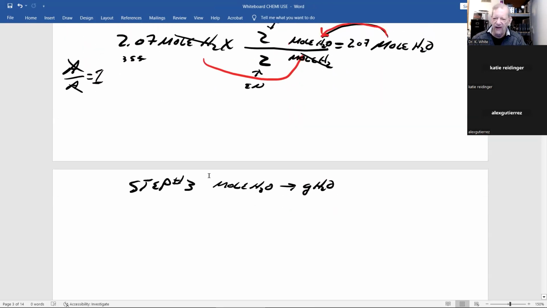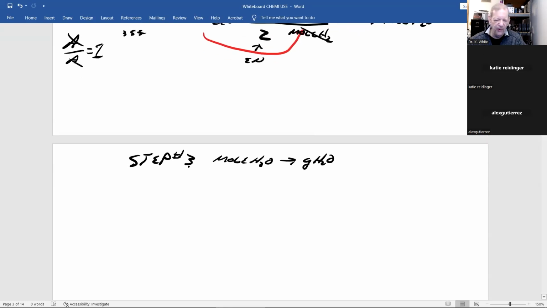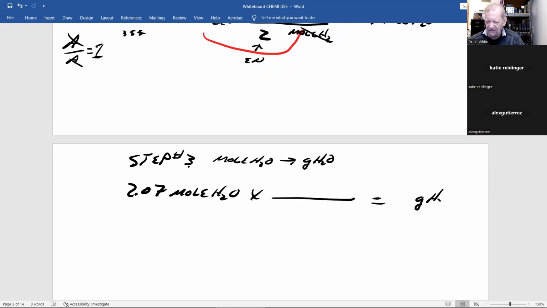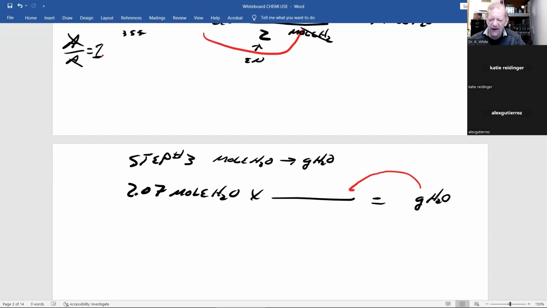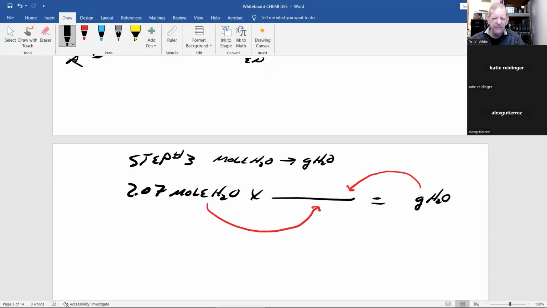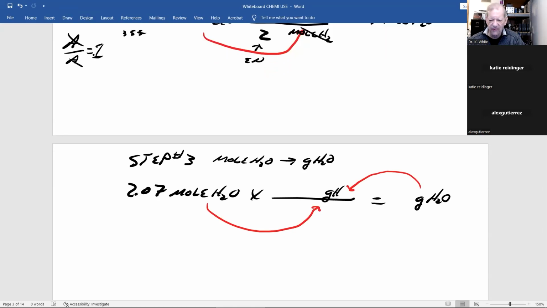And we just calculated we have 2.07 moles of water. We want to go to grams of water. It's time to use your good friend, unit analysis. Whatever we're trying to get to goes on top, whatever we're trying to get rid of goes underneath. And here we have grams of water, moles of water.